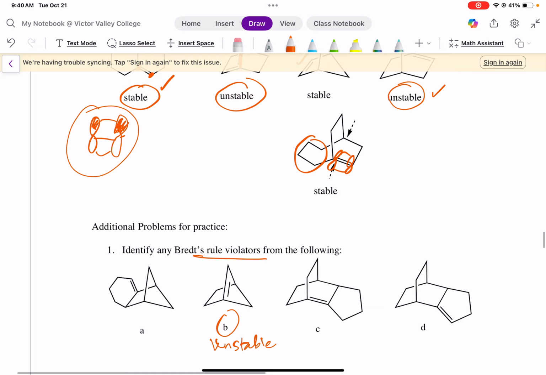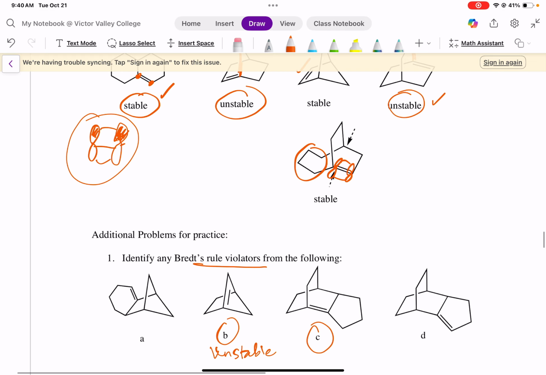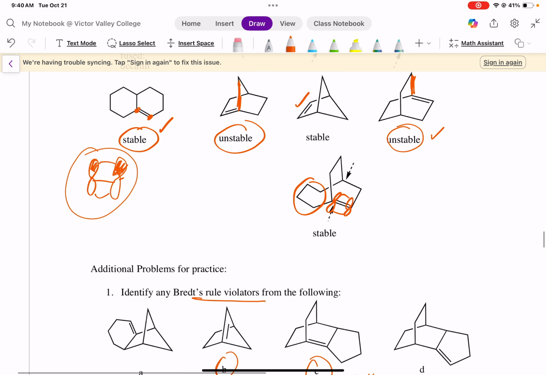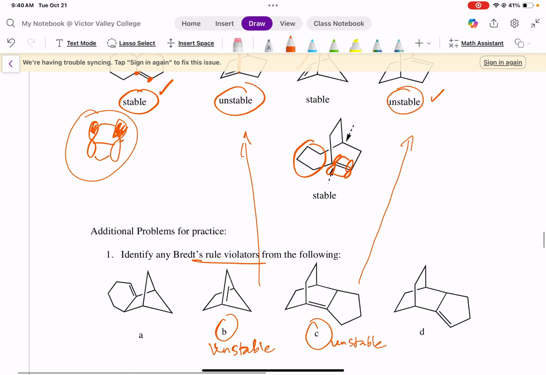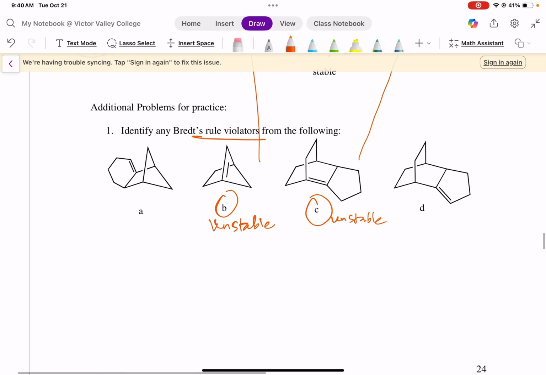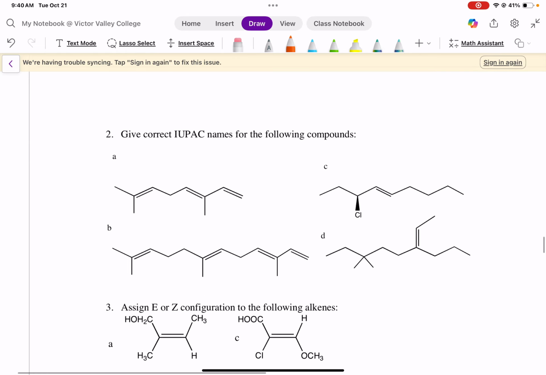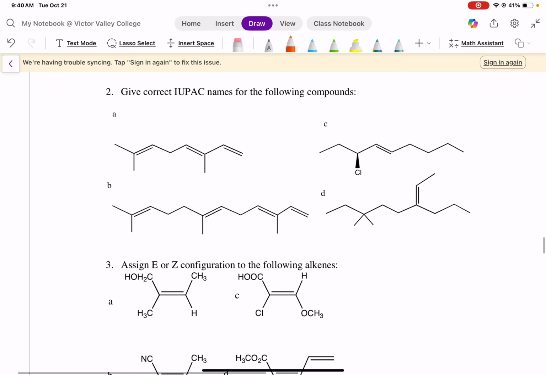And this one too is unstable because this one is similar to that one right there. Okay, too tight, not enough space for the p orbital overlap.